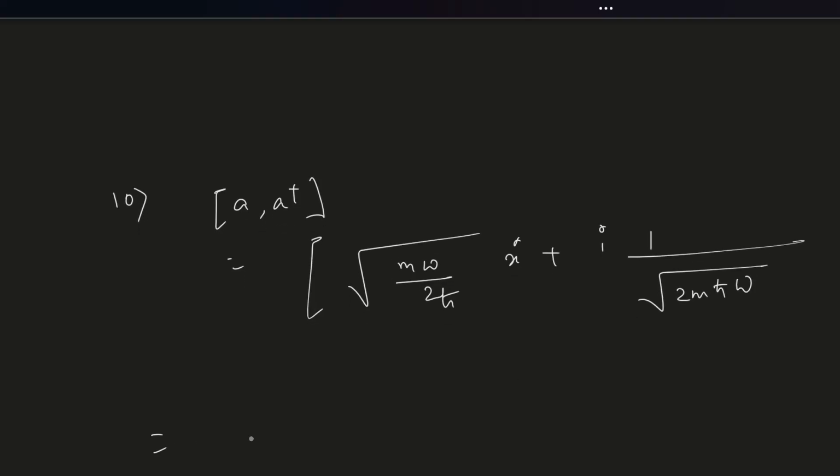Now if you take the commutator bracket, then this with this will give you 0 because the x commutator with x is 0.